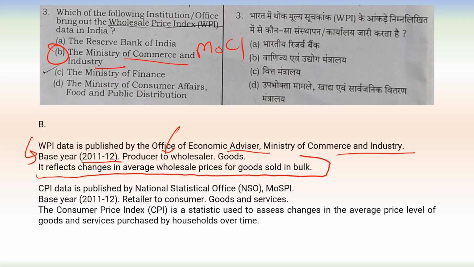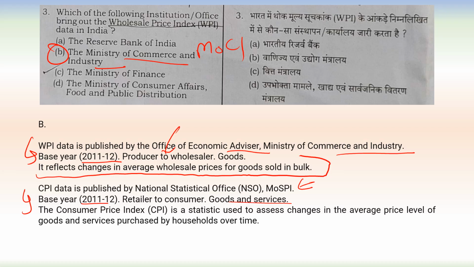Now what is CPI, Consumer Price Index? CPI data is published by the National Statistical Office, NSO, which comes under the MOSPI, Ministry of Statistics and Programme Implementation. The base year for this CPI is also 2011-12, and this is something between retailer to consumer, and it includes goods as well as services.